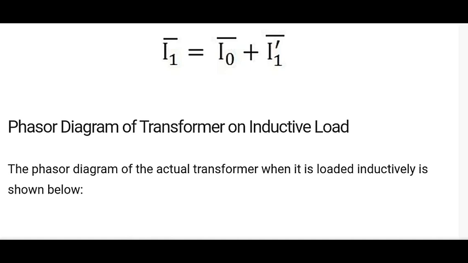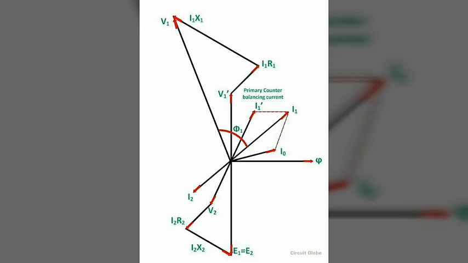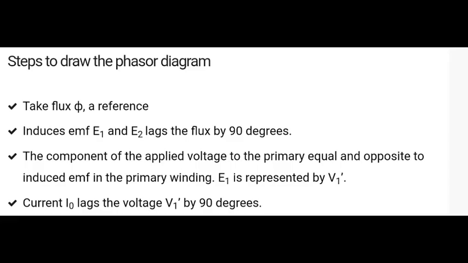The phasor diagram of the actual transformer when it is loaded inductively is shown in the next figure. This is the phasor diagram of the transformer on inductive load. Steps to draw the phasor diagram: take flux Phi as reference; induced EMFs E1 and E2 lag the flux by 90 degrees.